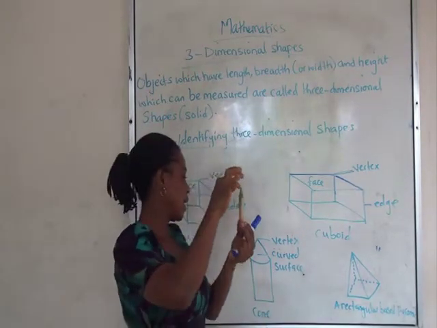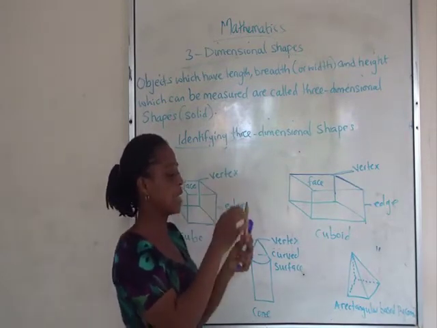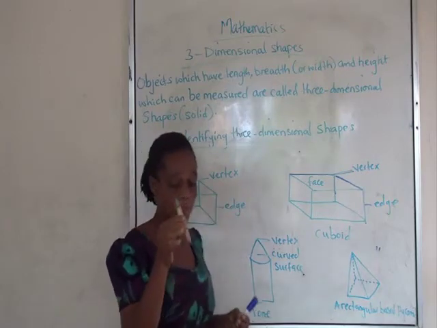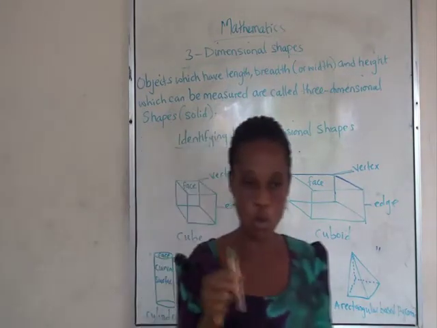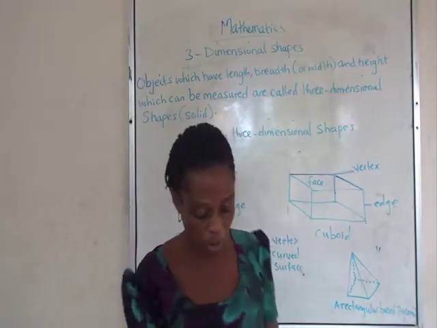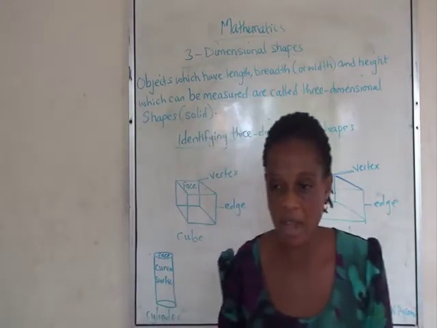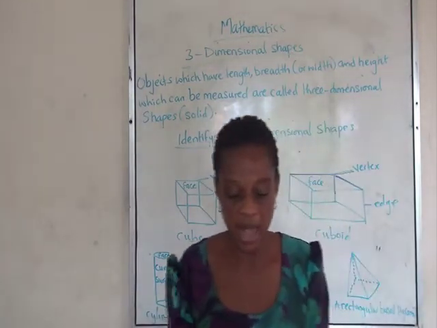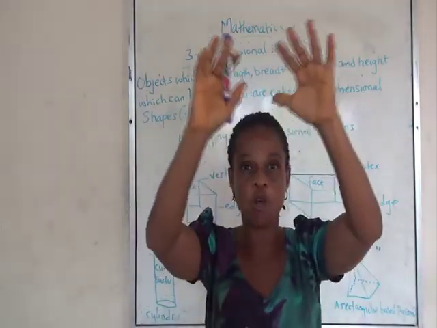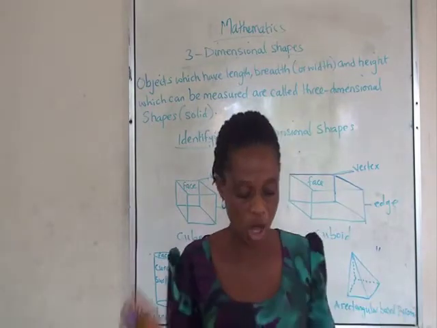The point here is called the vertex, and this is the curved surface of the cone. So a crayon is an example of a cone. Like if you go to the market, you see the women that sell gari. When they fill the basin, that heap of gari forms a cone.